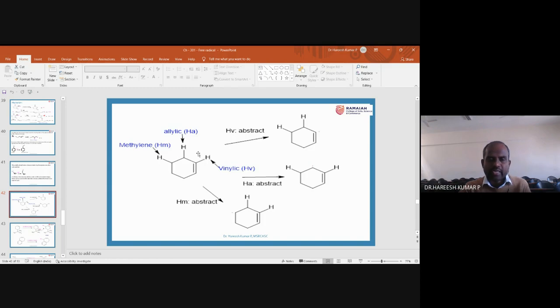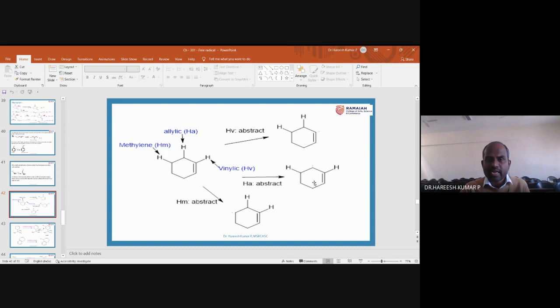Usually the cleavage of vinylic proton is difficult. And similarly, the cleavage of methylene proton compared to the allylic proton is difficult. So the allylic proton easily undergoes homolytic cleavage, giving rise to allylic radical.